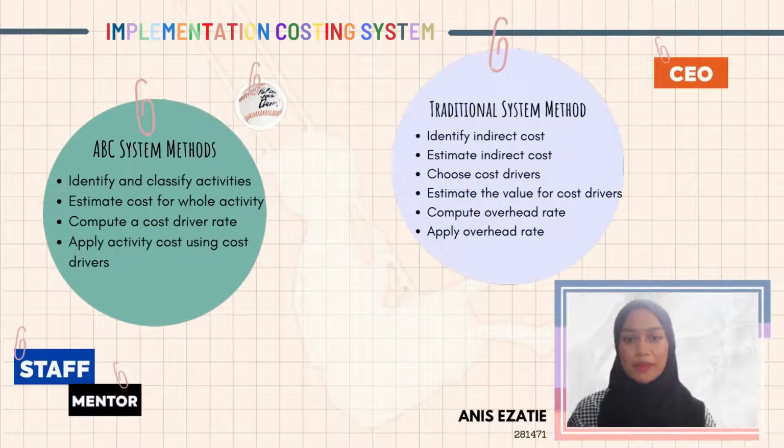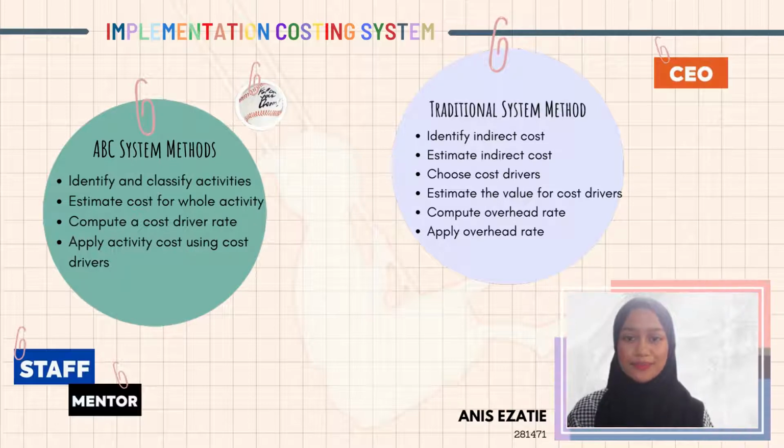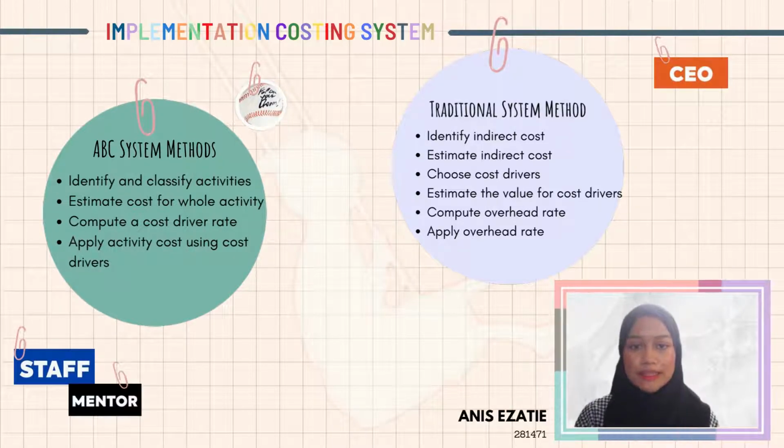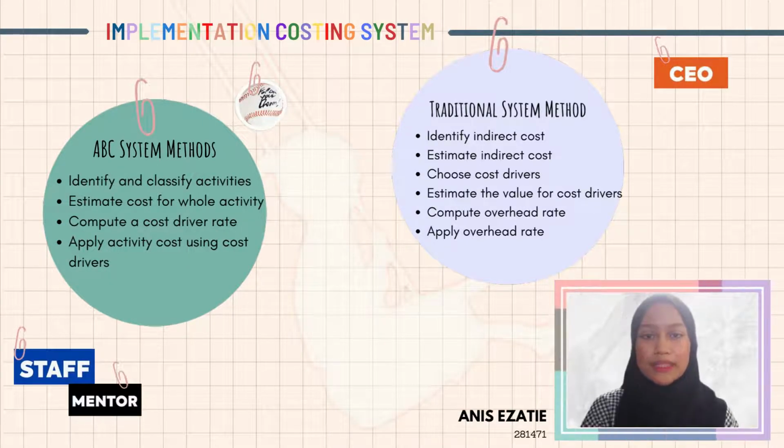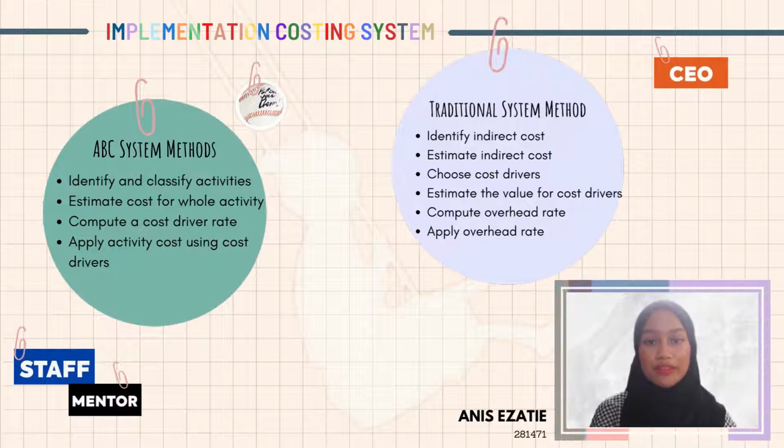Moving on to the implementations of costing system. For ABC system, the first step is to identify and classify activities. The next step is to estimate the cost for whole activities. The third step is to compute a cost driver rate, and the last one is to apply activity cost using cost drivers.